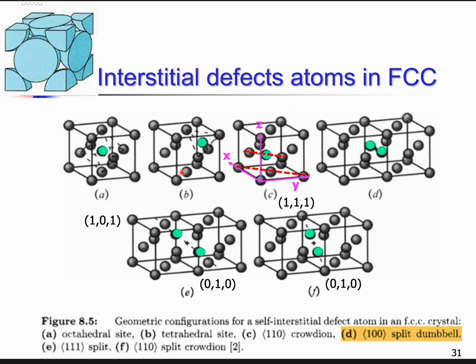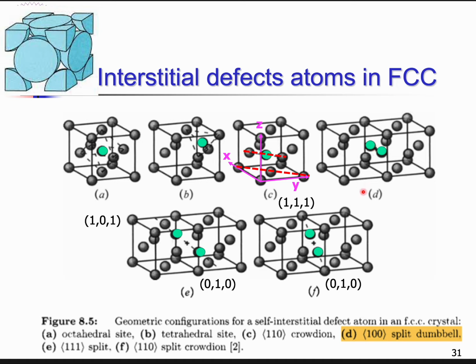ABC actually belong to the case where just one atom is inserted into the interstitial site, no matter whether it's octahedral, tetrahedral, or crowdion, right? But the DEF is a little bit different, because we only have one lattice point, but there are 2 atoms together occupying this one lattice point.